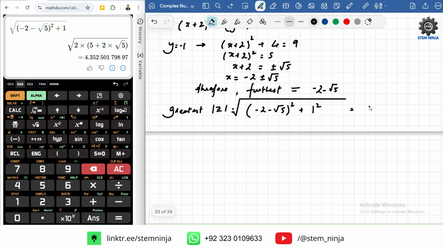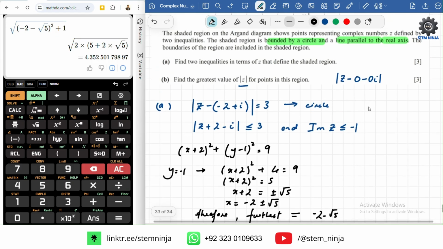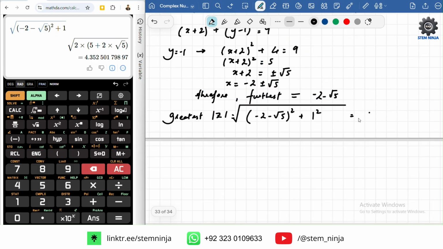Let's try to find a decimal value. 4.35 would be the answer. Okay, 4.35. You can simplify this in the exact form also.